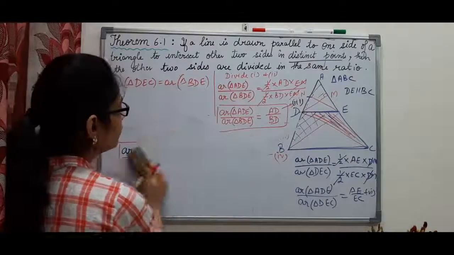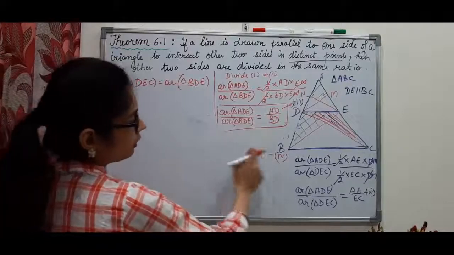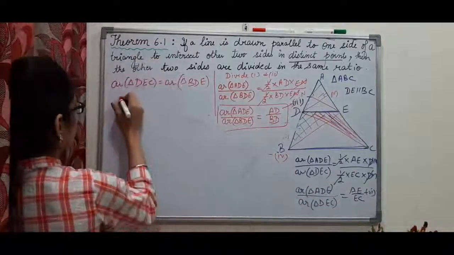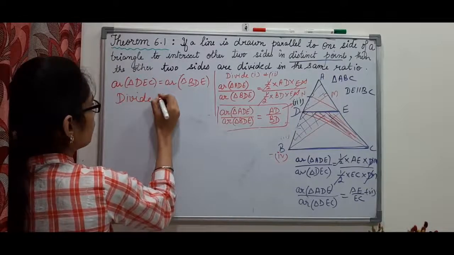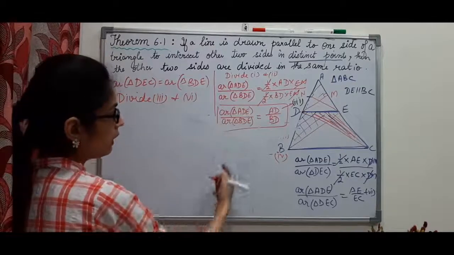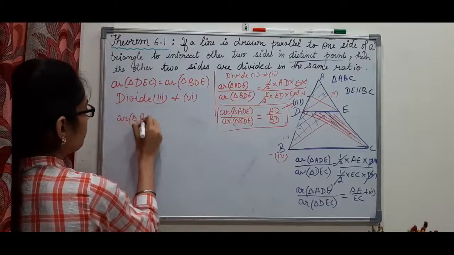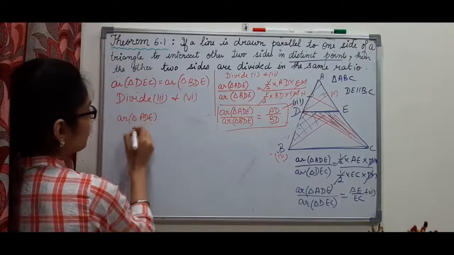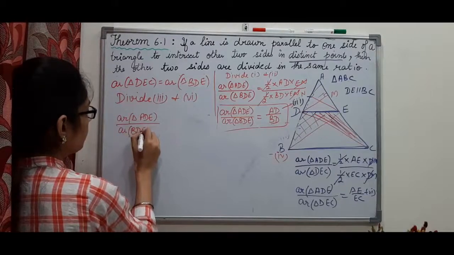Now let's divide third and sixth point. Third point is also written here and sixth point is also written here. So all the left hand side things I will write first: area of ADE upon area of BDE. This thing I have written.